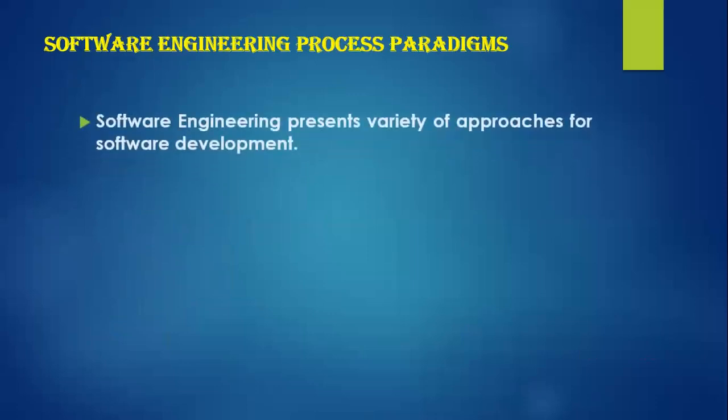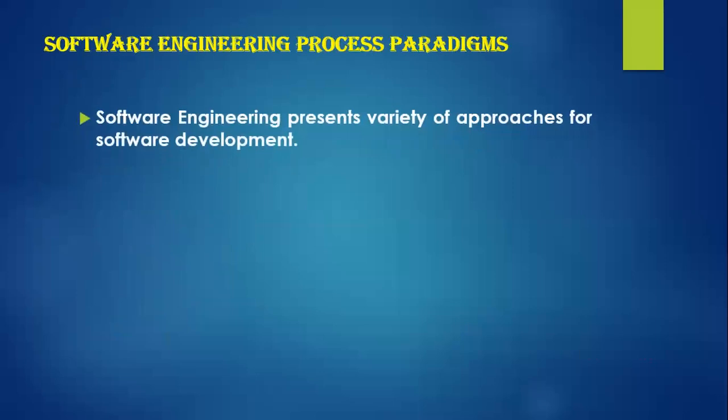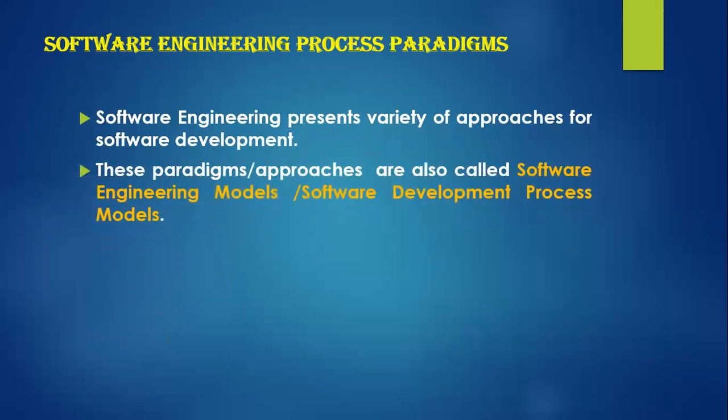First of all, coming to software engineering process paradigms. Software engineering presents a variety of approaches for software development using different phases of the SDLC. These paradigms or approaches are also called software engineering models or software development process models.